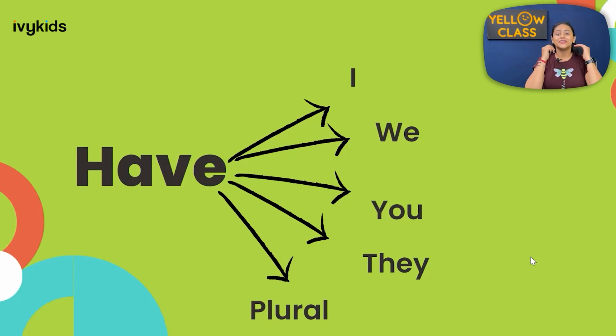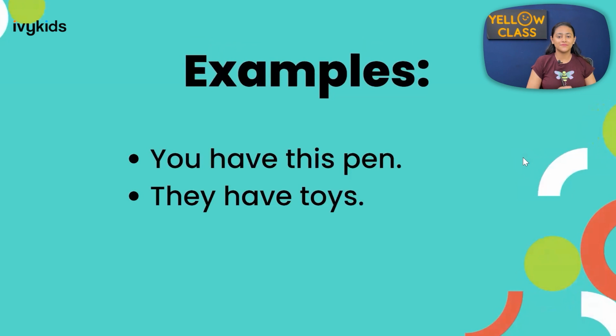No problem. We are going to look at some examples to understand this concept of using have in a better way. Okay, so continue. Example time. You have this pen. I'm talking about your ownership, right?